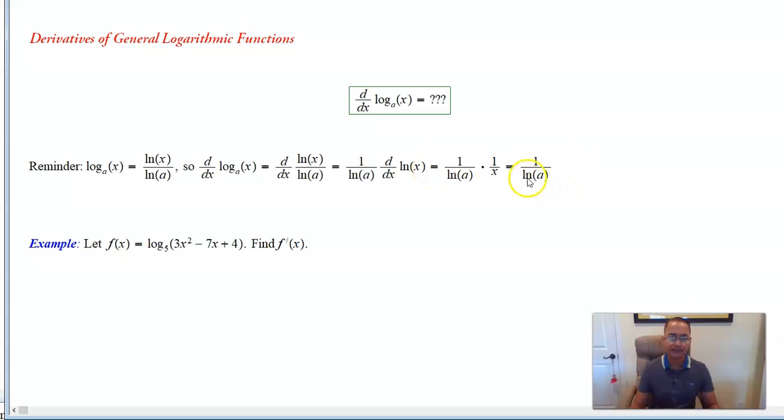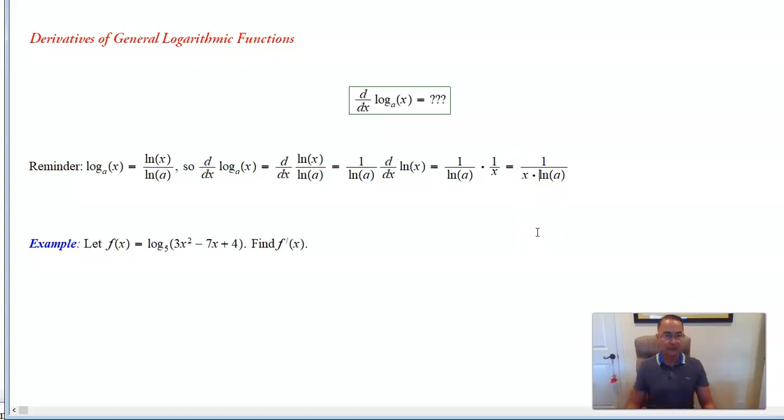Well, it's probably safer to put the x to the left. Usually we put the constant on the left. But in this case, if you put the x on the right, it is so tempting to put x inside there, and it doesn't belong in there. ln of a is by itself multiplied to x.